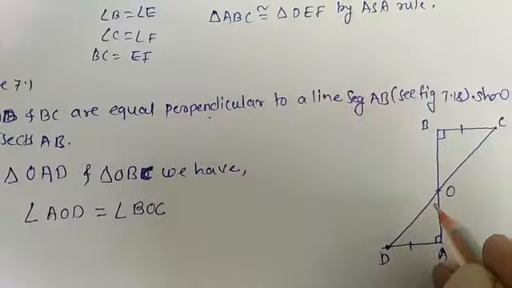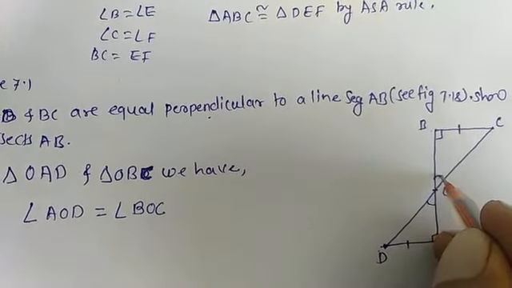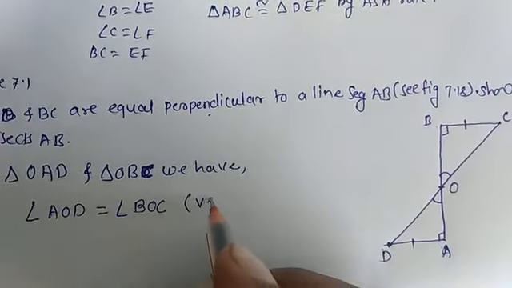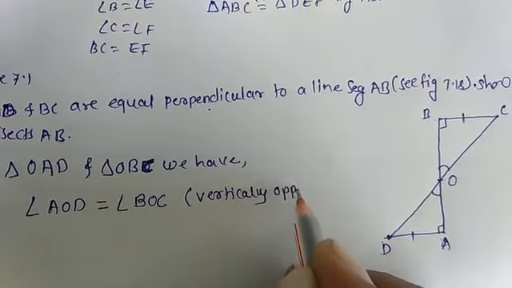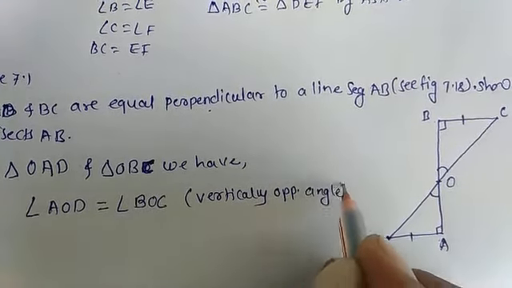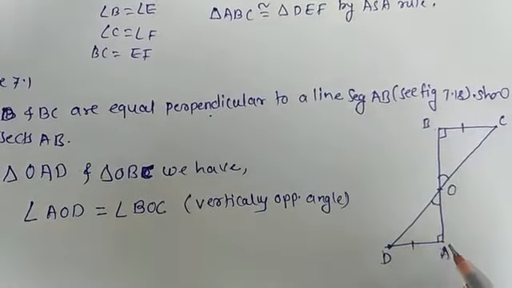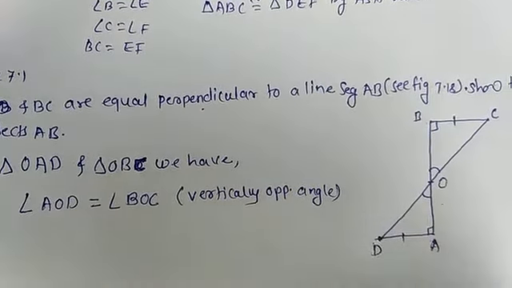Why are they equal? Because they are vertically opposite angles of the intersecting lines AB and CD.